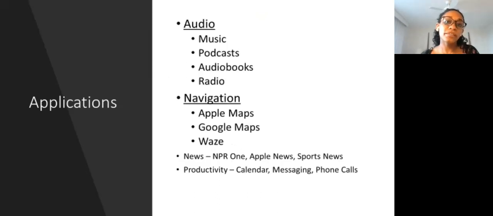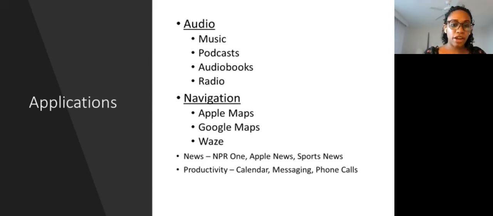So as far as applications go, I broke them down into 2 ones we'll talk a lot about, and 2 that you just should know are there for you to utilize as you see fit. We're going to talk a lot about audio applications, as far as music, podcasts, audiobooks, and radio. And then we're also going to go over navigation.